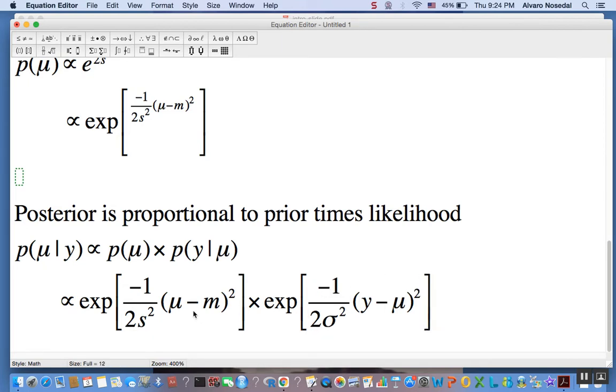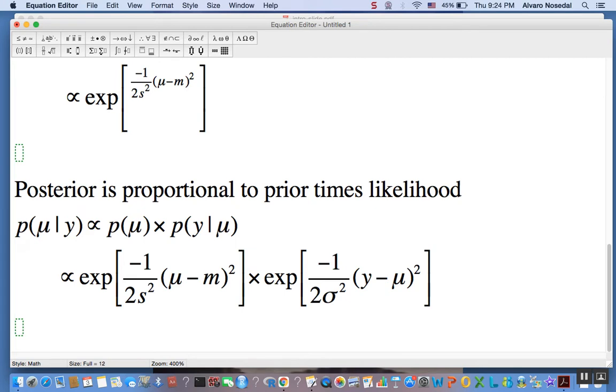Okay, so we have prior times likelihood. We know that we could combine the exponents of these two exponentials, and it's going to look something like this.